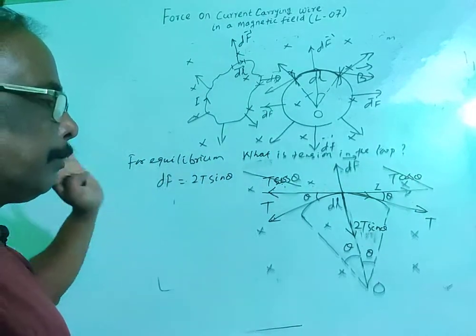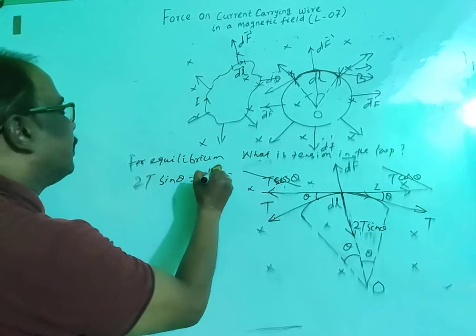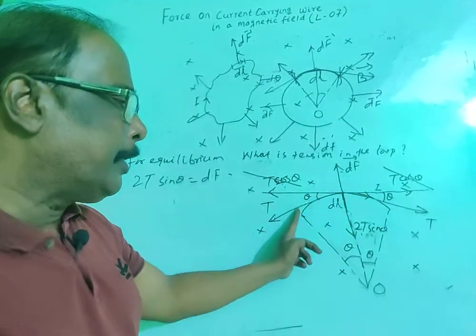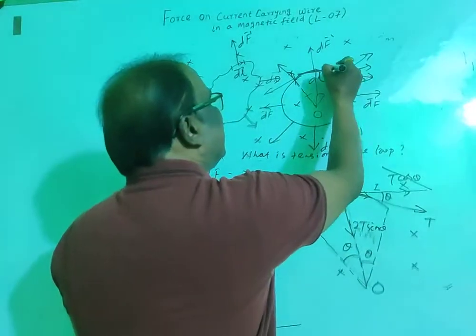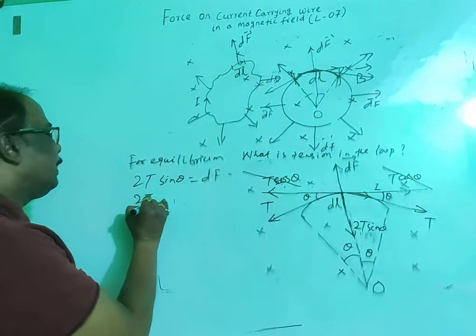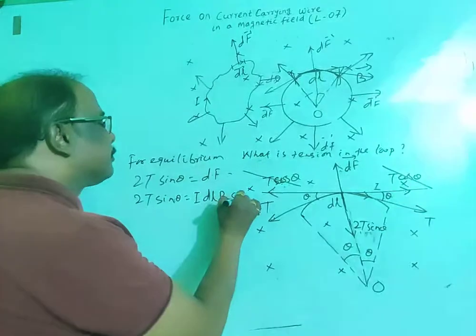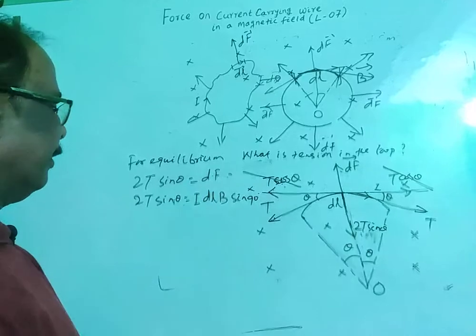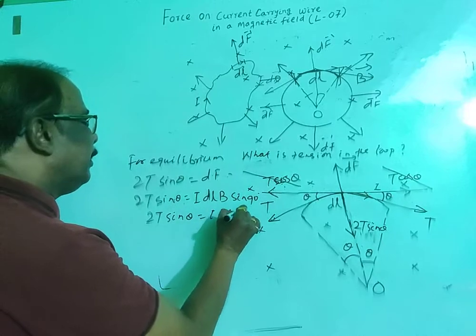The length of this part is dl, and the angle between dl, the flow of current, taken in the tangential direction, and the magnetic field is 90 degrees. So 2T sin theta is equal to I dl B sin 90 degrees. Finally, 2T sin theta is equal to I dl into B.